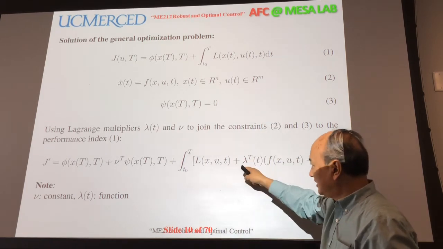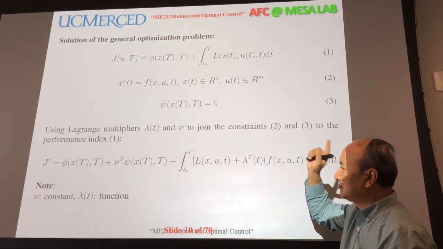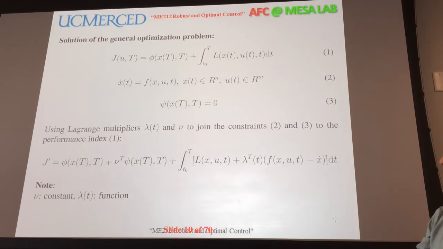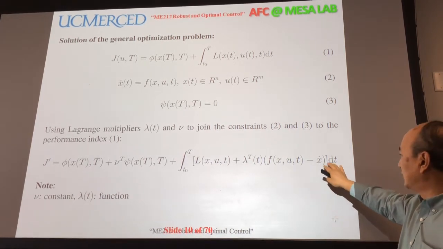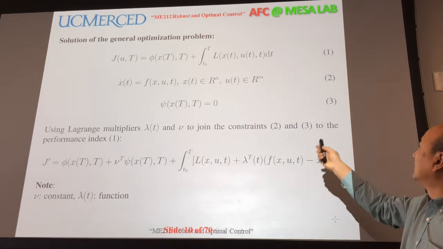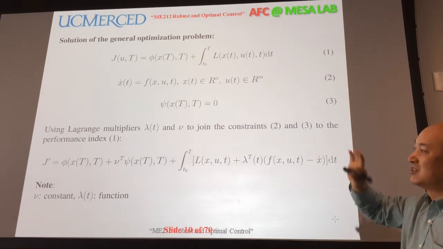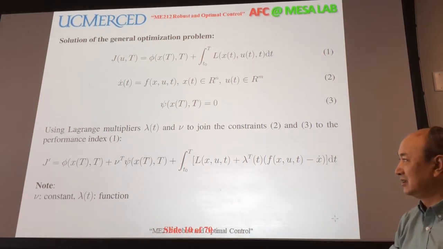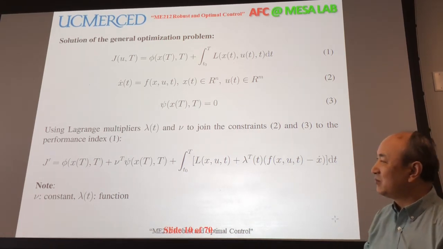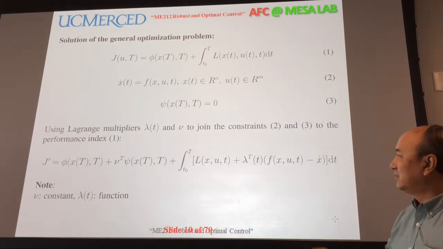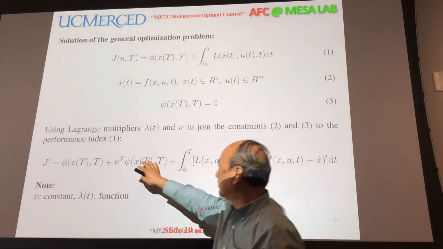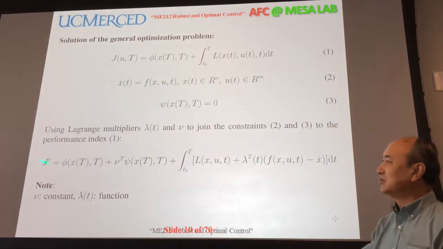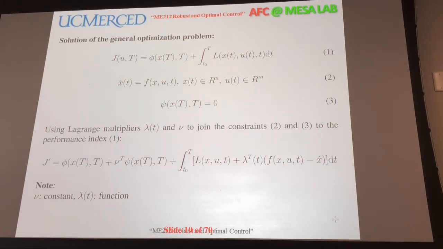This idea is from the Lagrange multiplier. So this equation and this one are the same, they didn't change. But J prime, if they are not 0 for some reason, the J prime will not be the same as J.